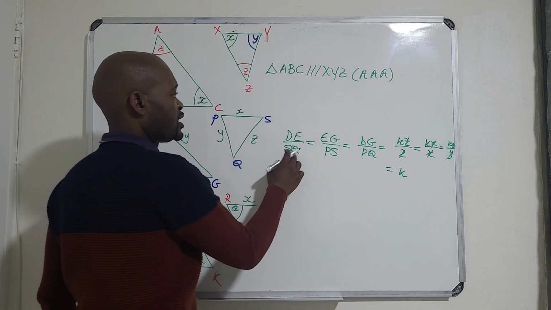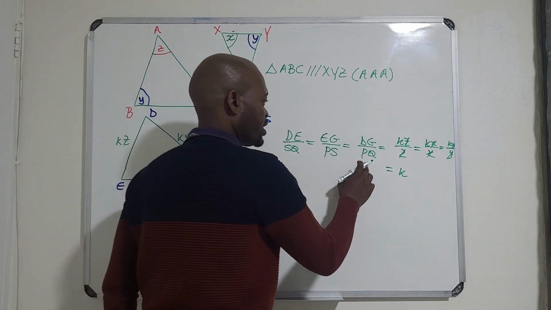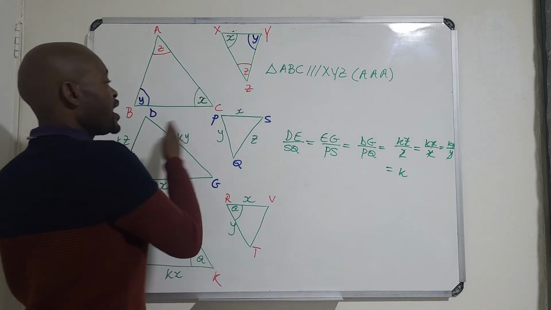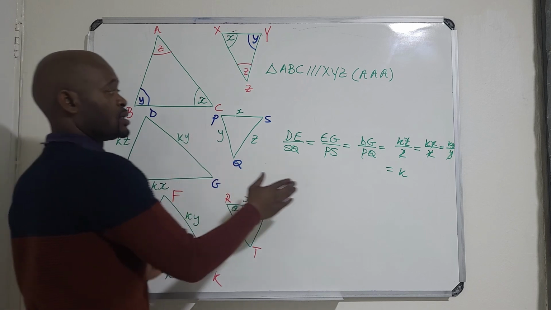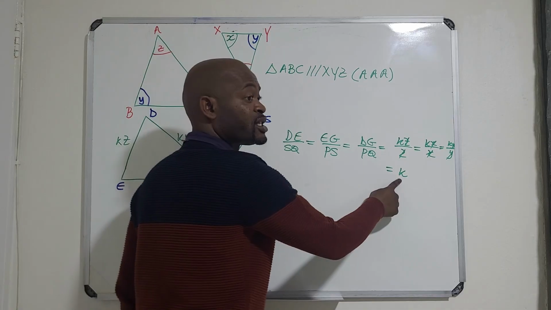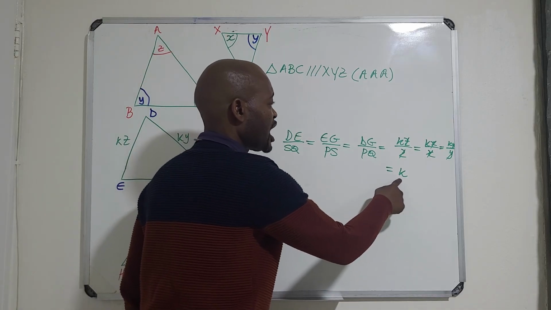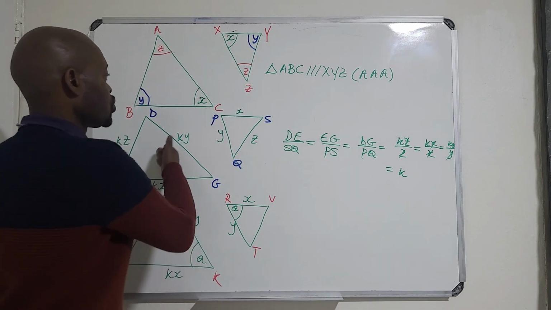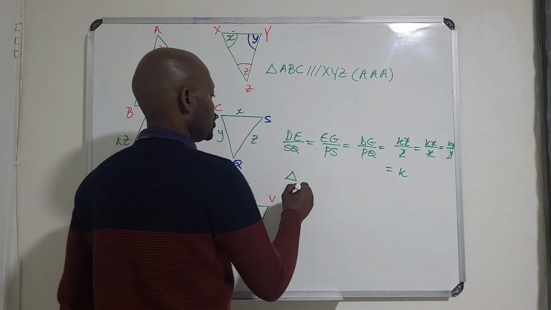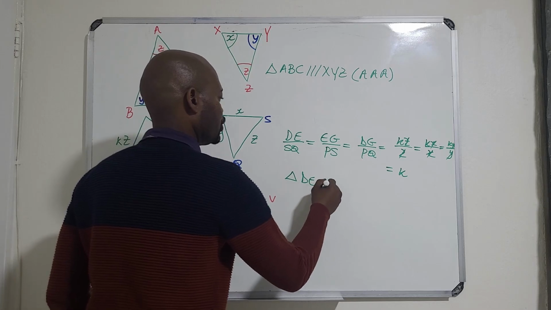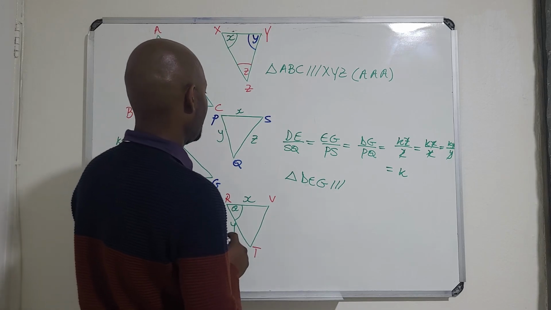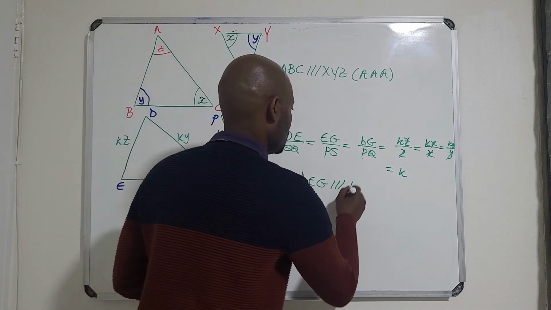Therefore, this over that, this over that, this over that is equal to K. Therefore, it means that the corresponding sides of these two triangles are in the same proportion or are in the same ratio. Therefore, the two triangles are similar. Therefore, triangle DEG is similar to triangle PSQ.